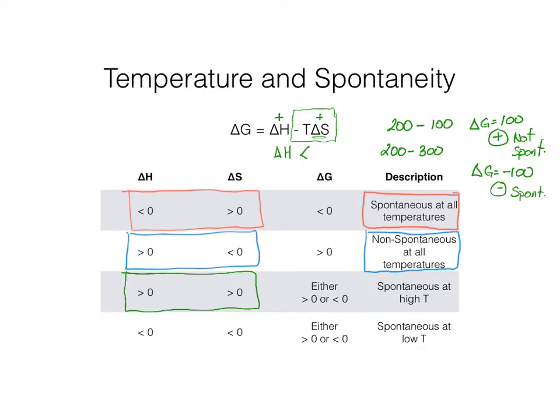So this means that our temperature has to be large enough to make our T delta S term bigger than delta H. Now, something to know is that delta S is usually a small value, and so in order to make this T delta S term bigger than delta H, we need to go to high temperatures.